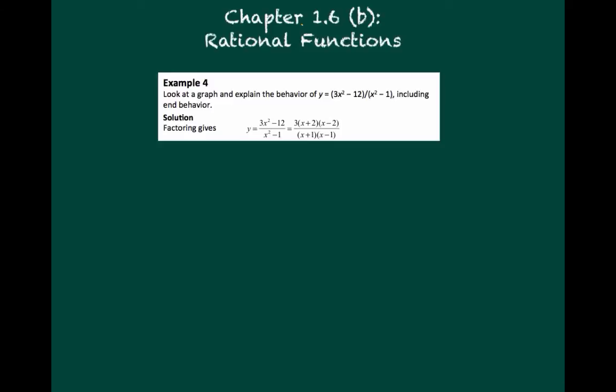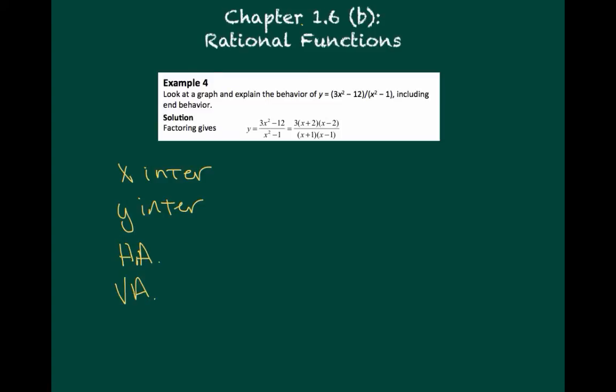To do that, we have to break it into certain steps. The first thing we're going to want to talk about are the x-intercepts and the y-intercepts. Then we'll also want to identify what the horizontal asymptotes and the vertical asymptotes are.